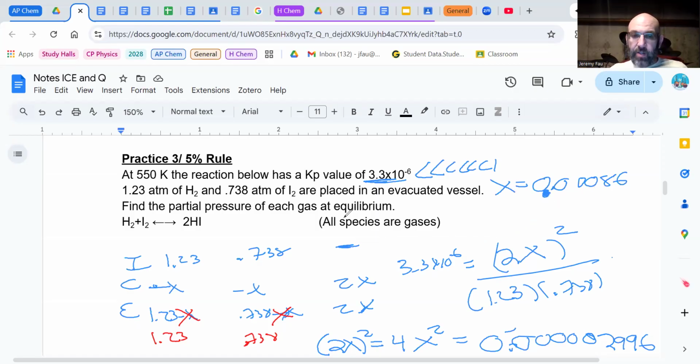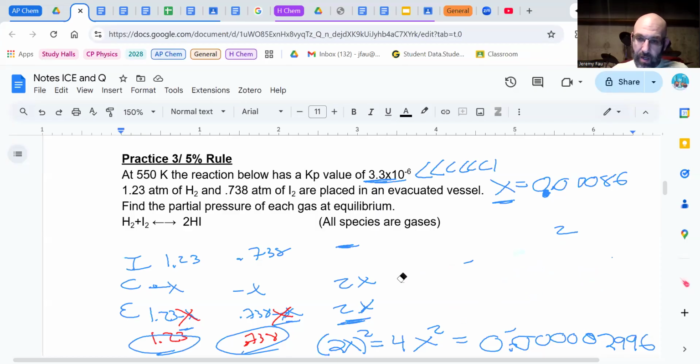Okay. So the question says, find the partial pressure of each gas at equilibrium. Well, if we plugged in this value for here and for here, with sig figs, it would round back to 1.23 and 0.738. So those numbers don't change. However, at equilibrium for the HI, it's going to be 2 times x. So the very last thing we're going to do is plug that in.